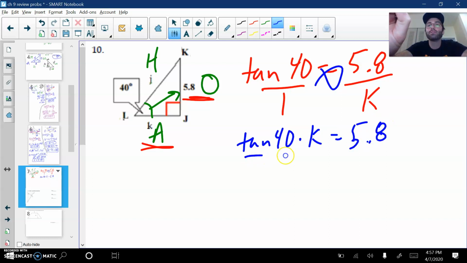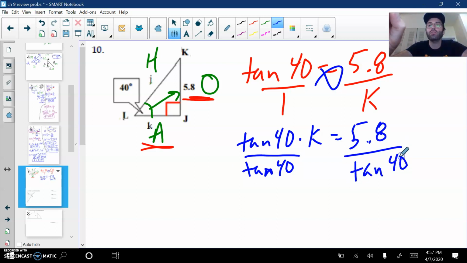Denominator, I need to divide. So I divide by tan of 40. So K equals 5.8 divided by the tangent of 40, which is 6.91.